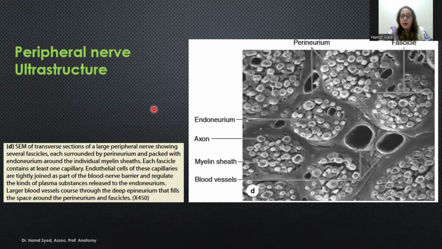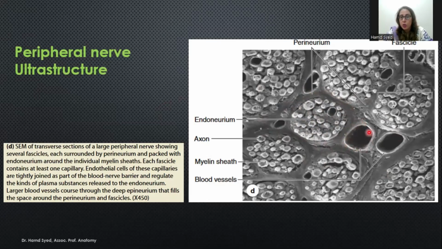Now if we look at the ultrastructure, this is an electron micrograph taken through scanning electron microscopy. Over here, we can see the axons, and these axons are surrounded by the endoneurium. The whole bundle of axons is surrounded by the perineurium.